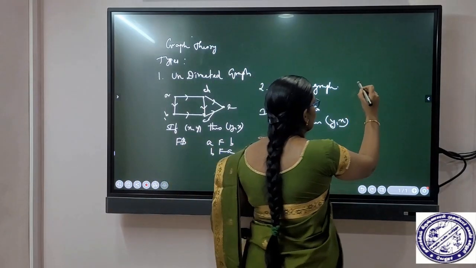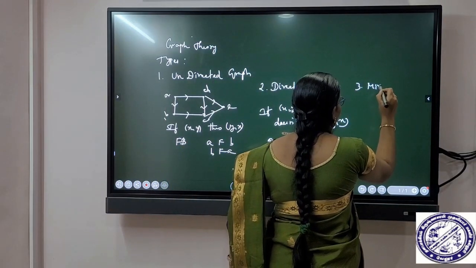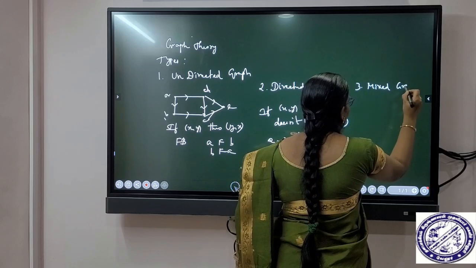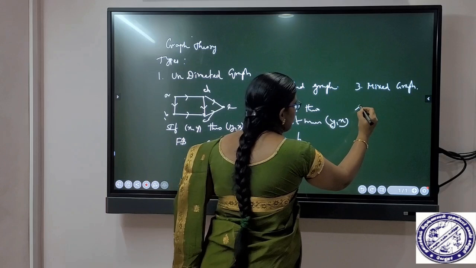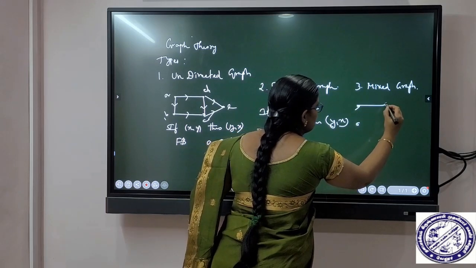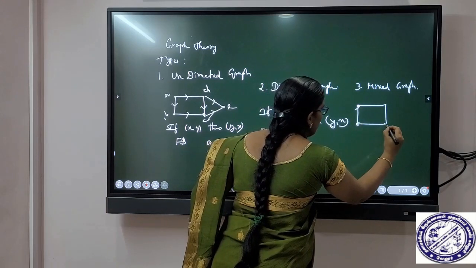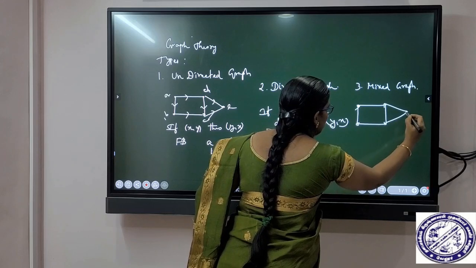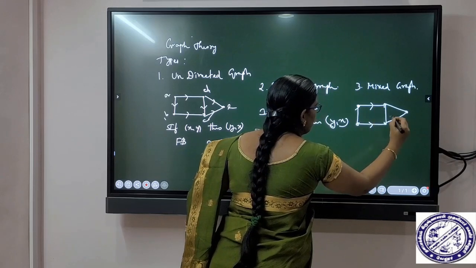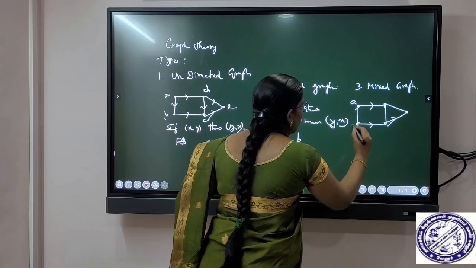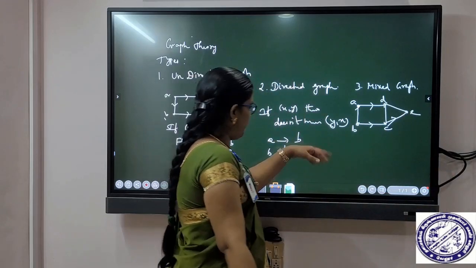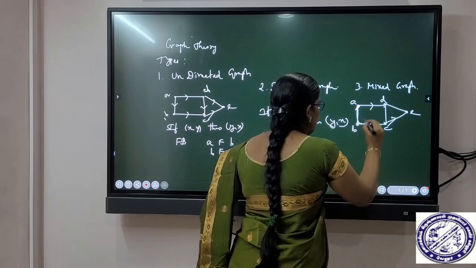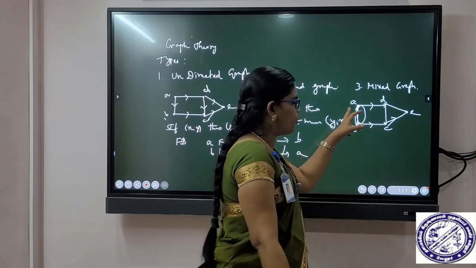The third one is mixed graph. A mixed graph consists of both directed and undirected edges. Consider this edge AB. In AB, there is no direction.